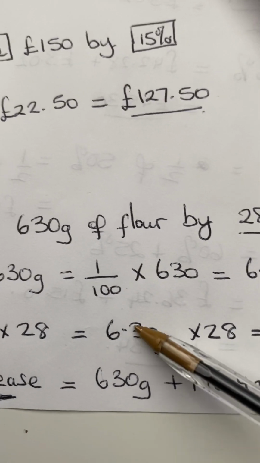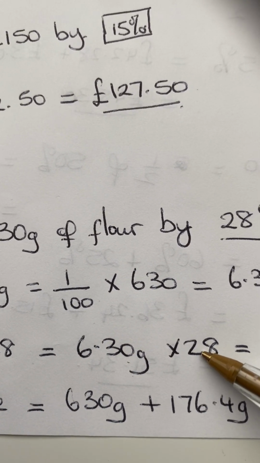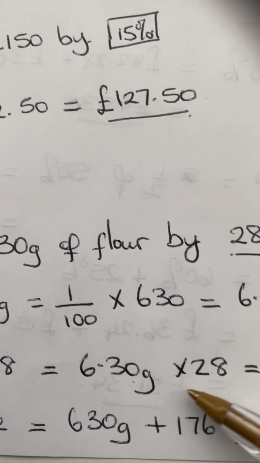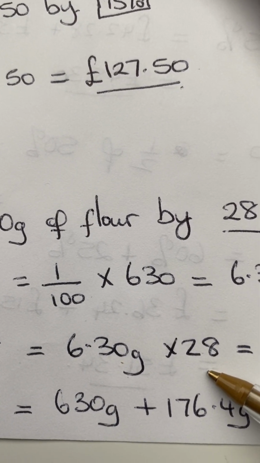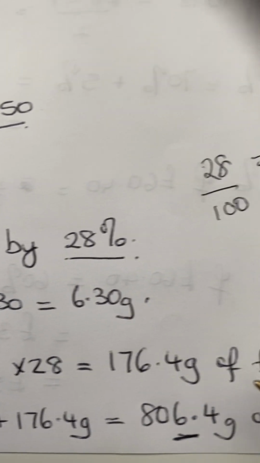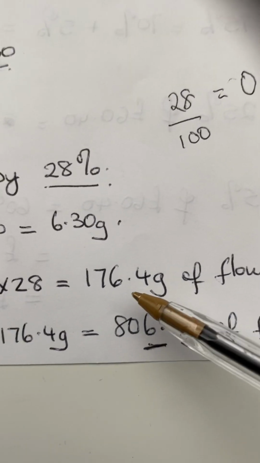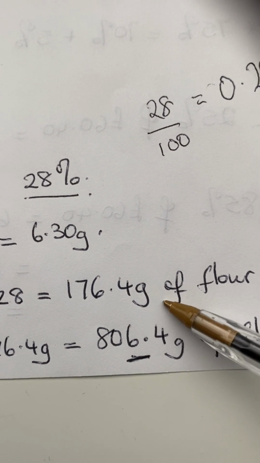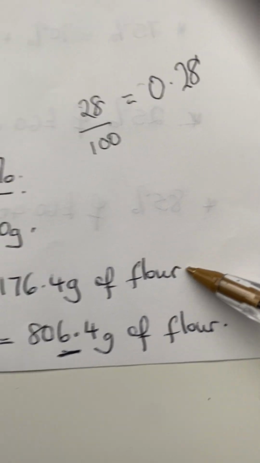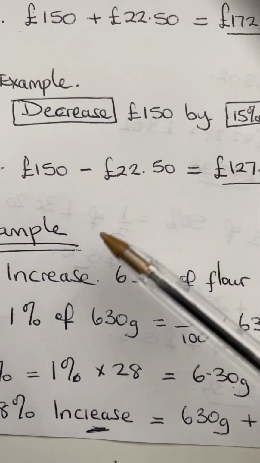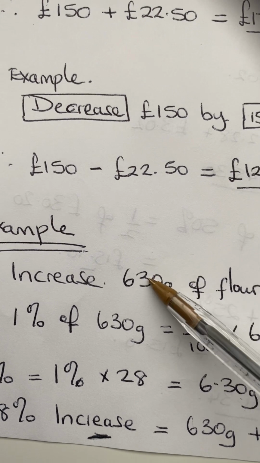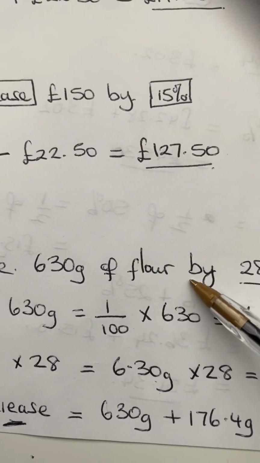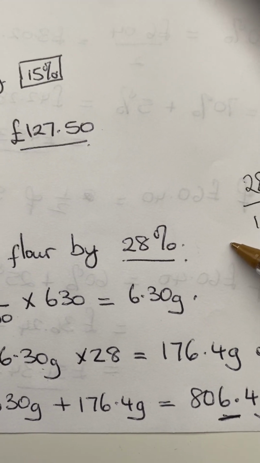So 630 times 28, if you have a calculator, you get a value of 176.4 grams of flour. The question says increase 630 grams of flour by 28%.